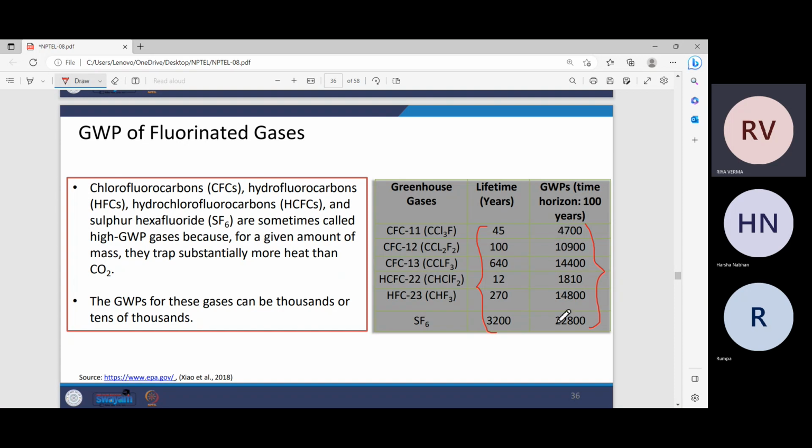You can clearly observe from these GWP values, because they can be in thousands or tens of thousands. That is why we are more concerned about these CFCs in the atmosphere, because on the one hand they interfere with our ozone layer, and on the other hand they have such high GWP values, so they trap more heat as compared to normal gases like methane or carbon dioxide.